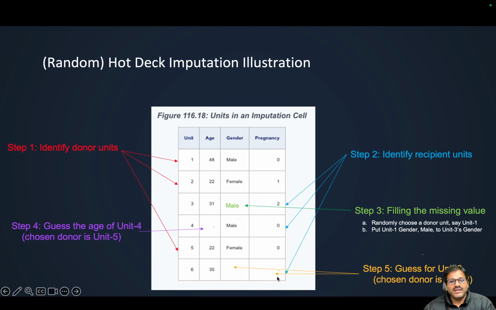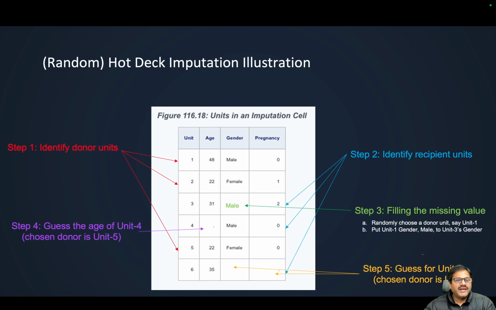Otherwise, it is wrong. So this is how we perform hard deck imputation: simply choose a random row from the donors and fill in the values. This is the basic hard deck imputation technique, which can later be revised.